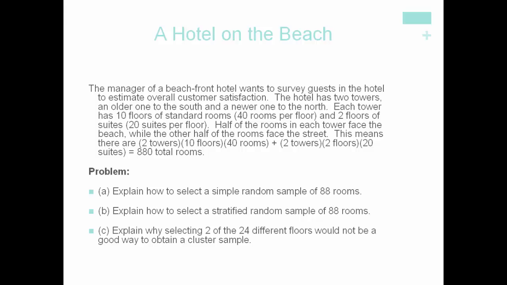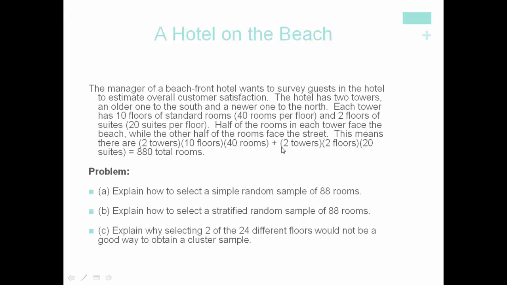Because customer satisfaction is based on room location, whether they have a suite or whether they have a room in the south tower facing the street, we should take a sample from each type of room. So we would take a simple random sample of 20 from the 200 south tower rooms facing the beach, a simple random sample of 20 from the 200 south tower rooms facing the street, again a simple random sample of 20 from the 200 north tower rooms facing the beach, and a simple random sample of 20 from the 200 north tower rooms facing the street.